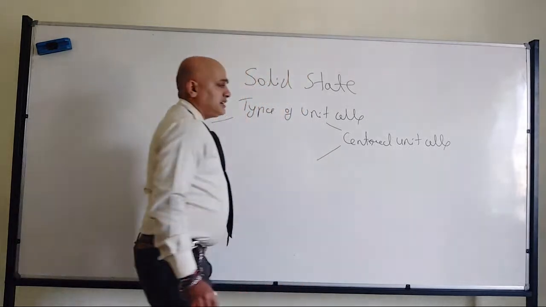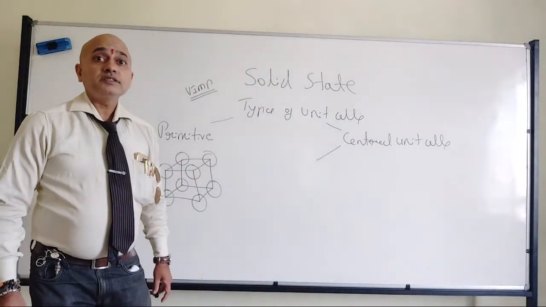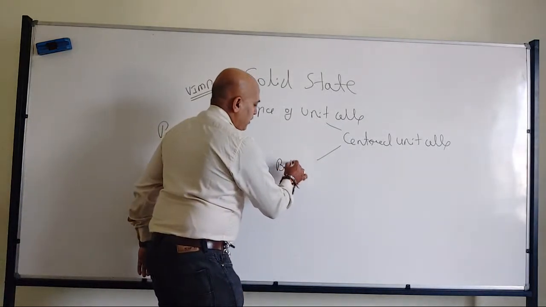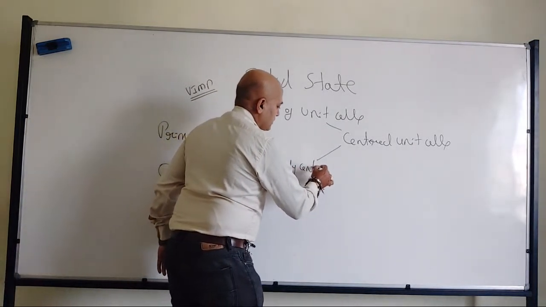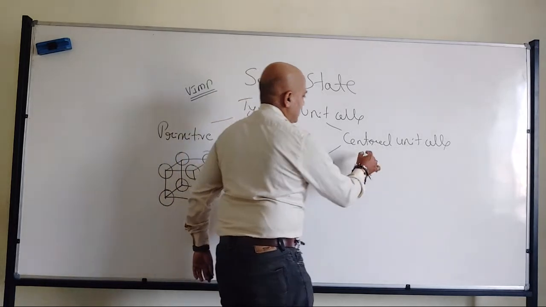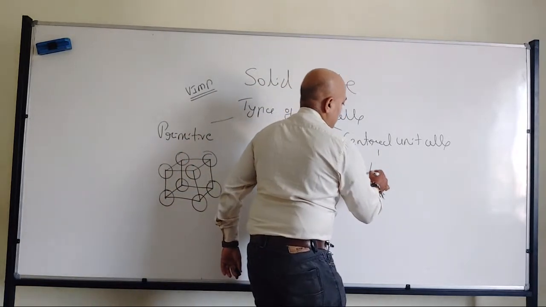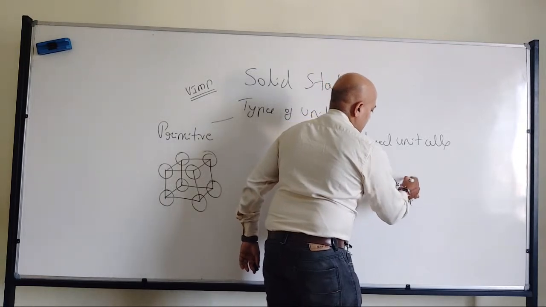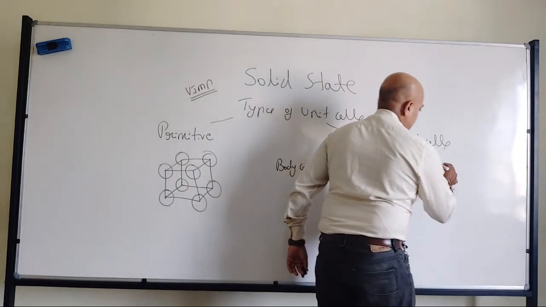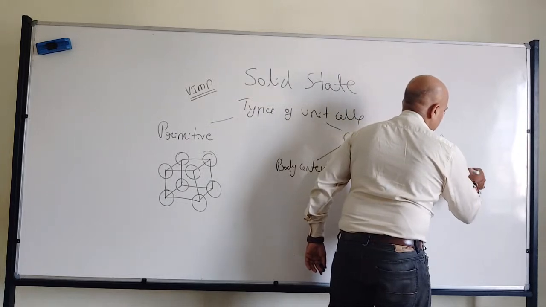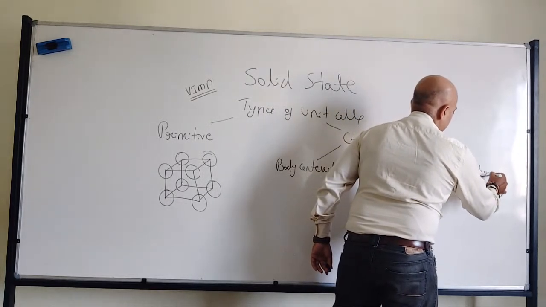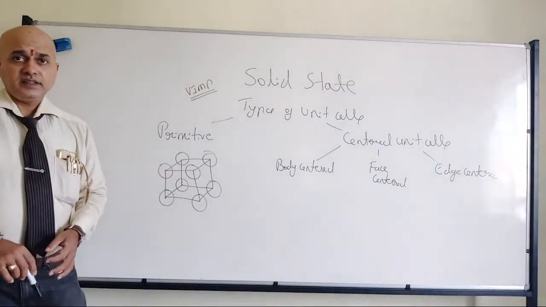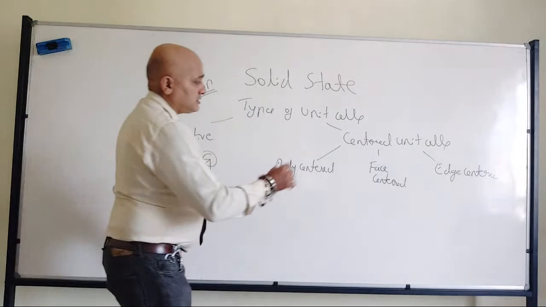In centered unit cell, once again we have three types. Okay? One as body centered, another one as face centered, and the last one is edge centered. So we have three types.